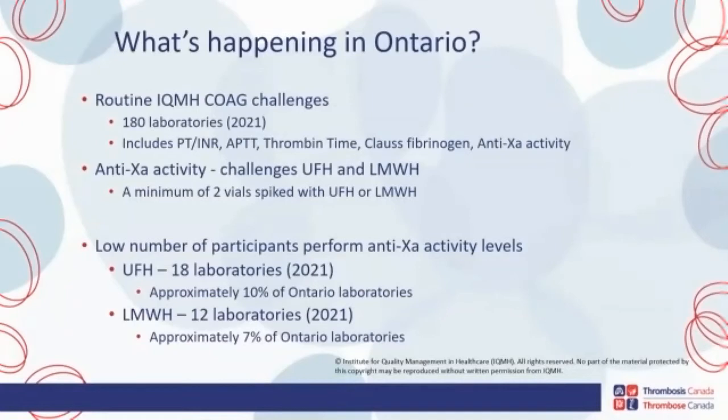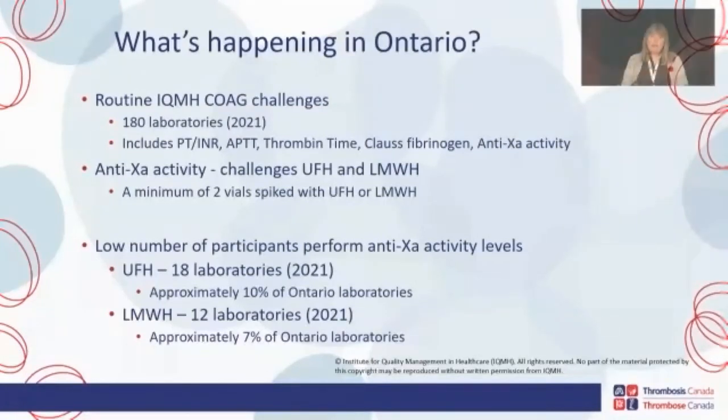We have a couple from out of Ontario, but the majority of this 180 are within Ontario. And the COAG challenges them on the PT-INR, the PTT, the thrombin time, the Clauss fibrinogen, and anti-10A levels. The anti-10As that IQMH challenges are the unfractionated heparin and low molecular weight heparin.